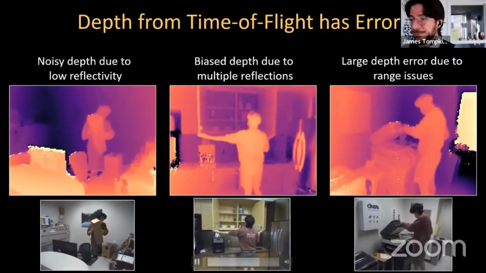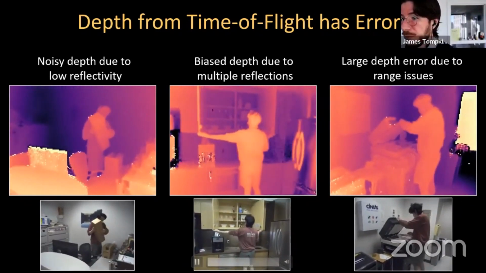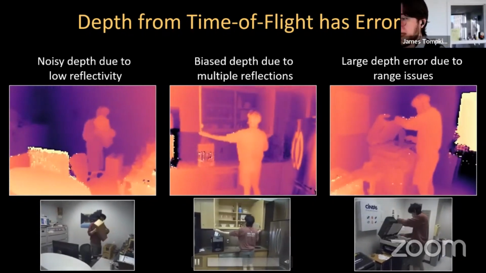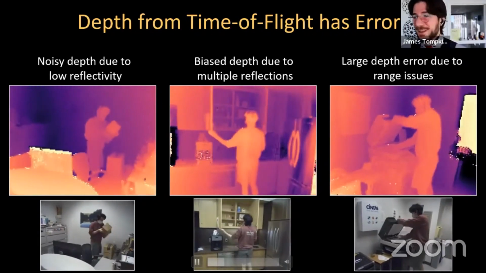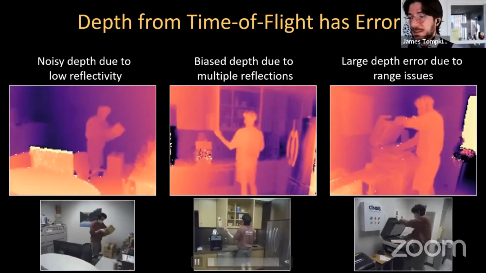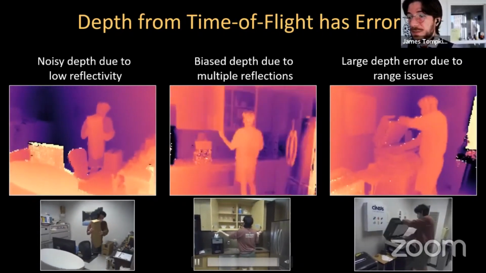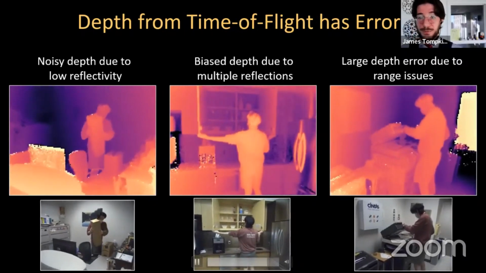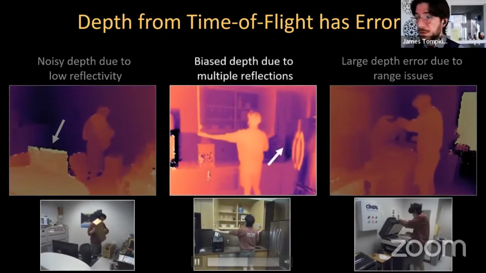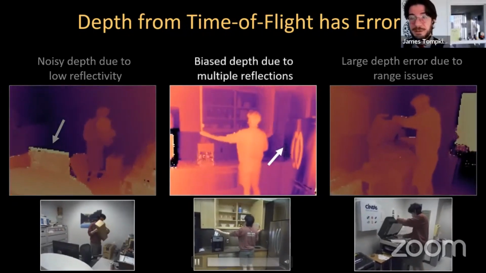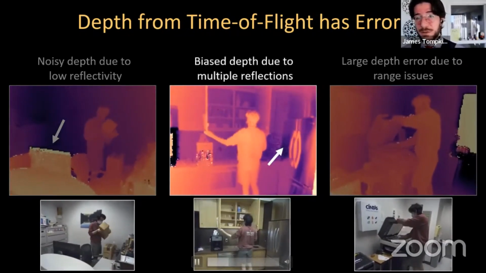In the middle, we have this scene with a shiny fridge that is bouncing light all over the place. And so light hits multiple surfaces before it hits the fridge, before it comes into the camera. And you can see that the region around where the arrow is very, very noisy, and it doesn't have a good reconstruction.